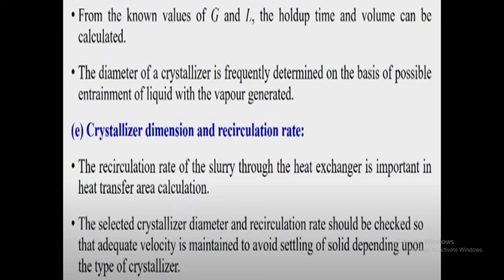Selected crystallizer diameter and recirculation rate should be checked so that adequate velocity is maintained to avoid settling of solid. It depends upon the type of crystallizer.